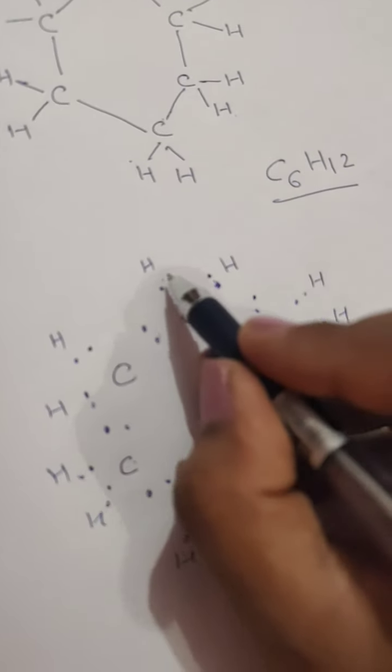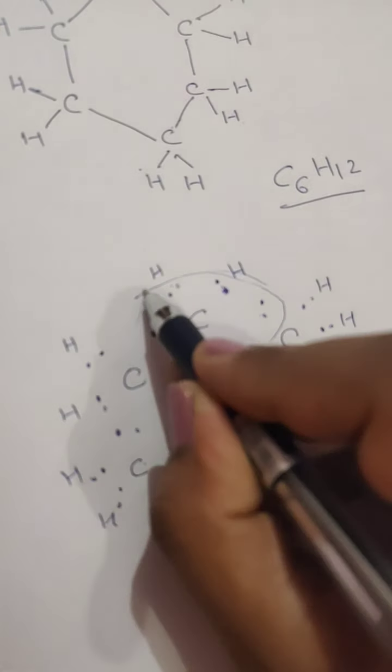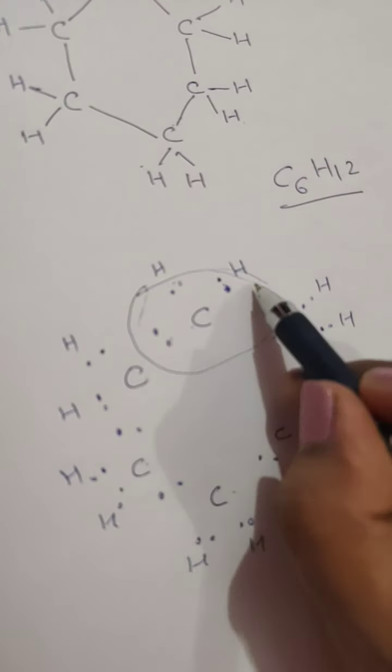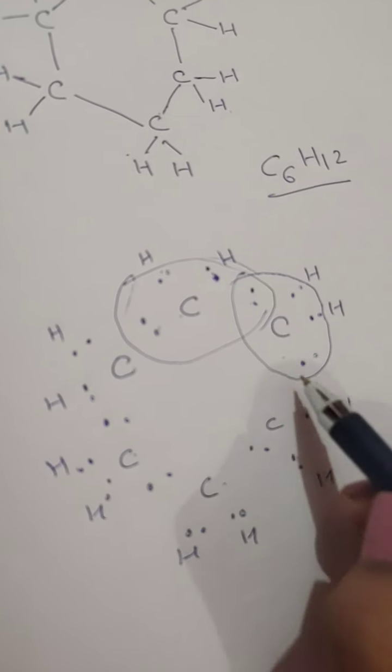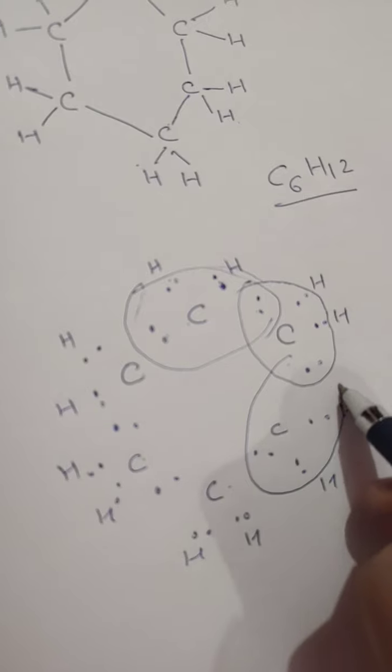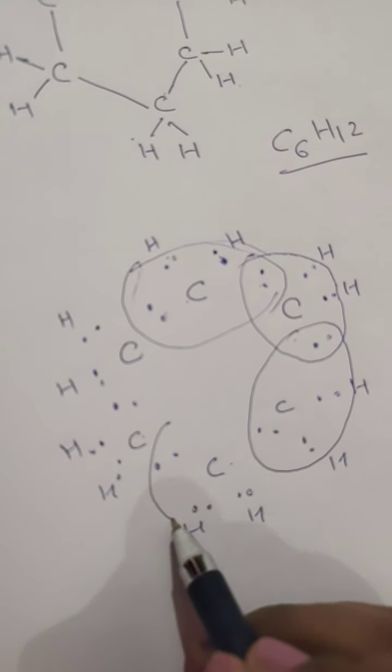So in this space, if we count, each C is having all 8 electrons, because it needs 8 electrons. So this is also having 8 electrons.